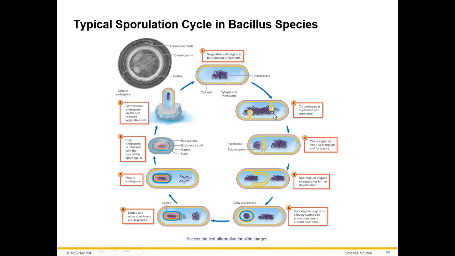So what happens in an unfavorable environment is the chromosome is duplicated and separated. They start forming this structure, so it separates and gives rise to a spore.